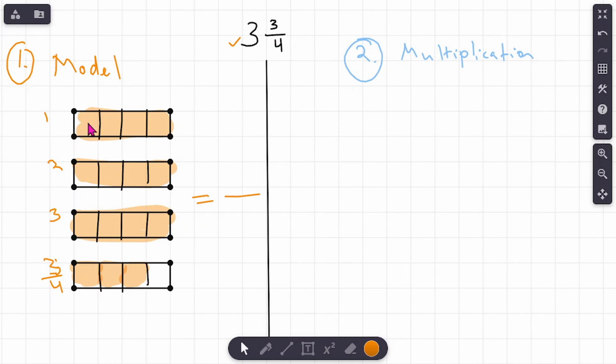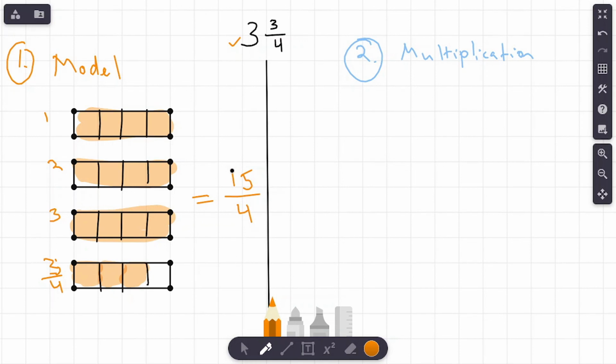We've got 1/4, 2/4, 3/4, 4/4, 5/4, 6/4, 7/4, 8/4, 9/4, 10/4, 11/4, 12/4, 13/4, 14/4, 15/4. Listen to that again. 15/4. And there it is.